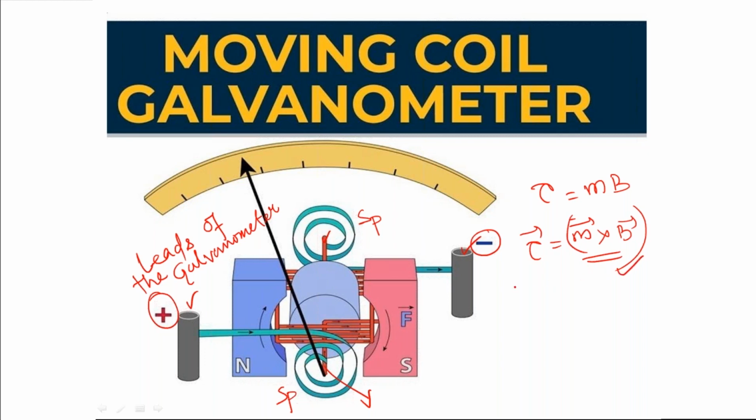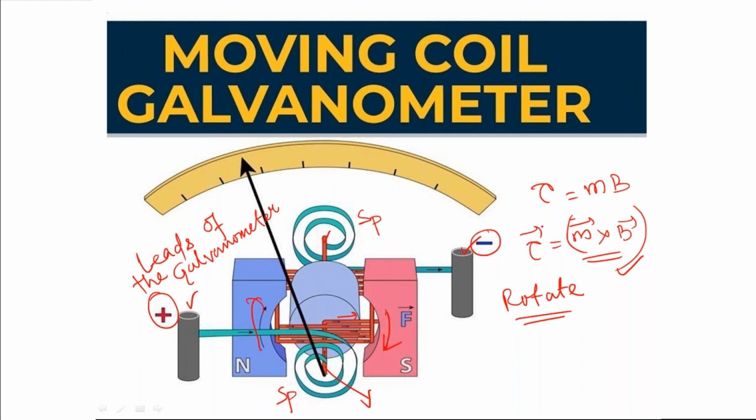This coil will feel this torque, and the torque will try to rotate the coil. See, the direction of the rotation has been shown like this, clockwise in this case, if the current direction is this way.